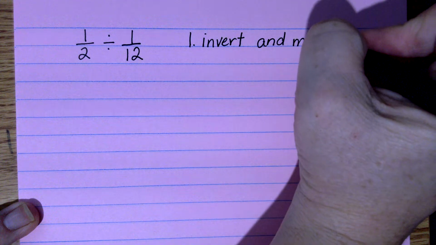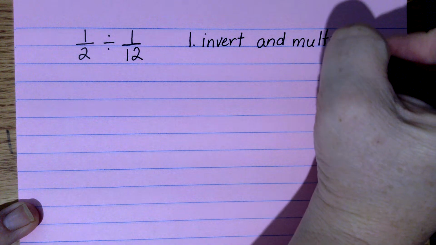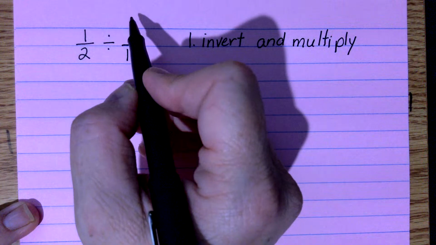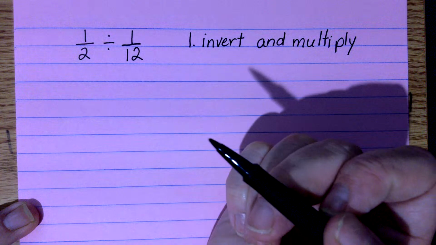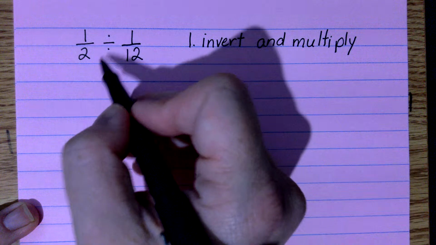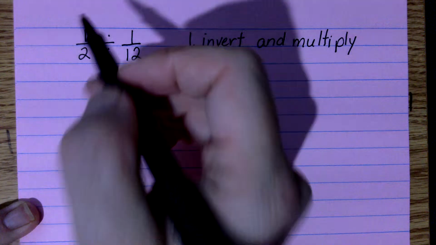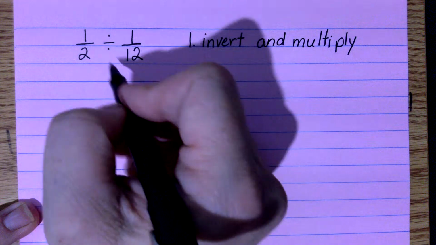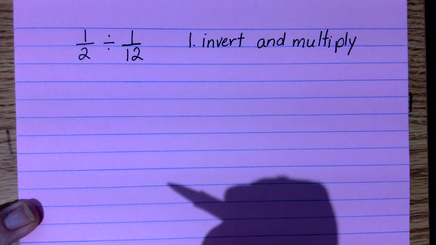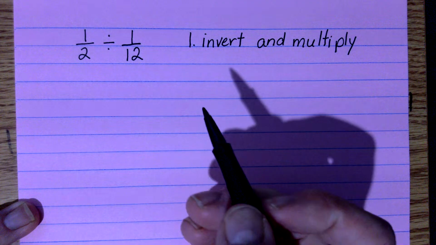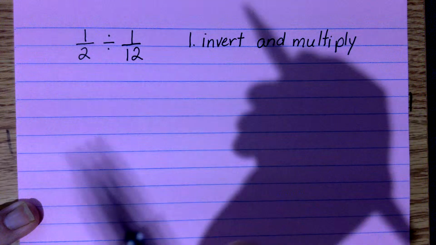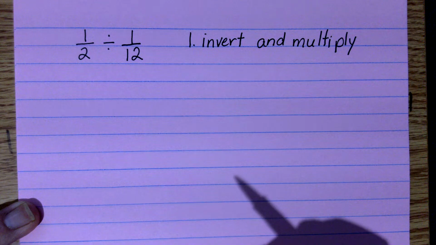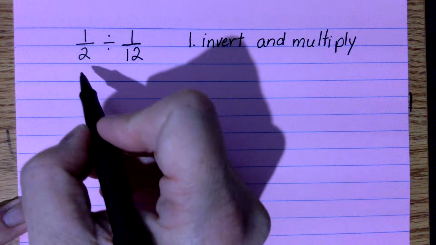The reason that I tell you to invert and multiply in one step is because 1/2 times 1/12 is not equal to 1/2 divided by 1/12, and 1/2 divided by 12/1 is not equal to 1/2 divided by 1/12. So we have to do the inversion and the multiplying at the same time. Otherwise, we do not have an equal number sentence.